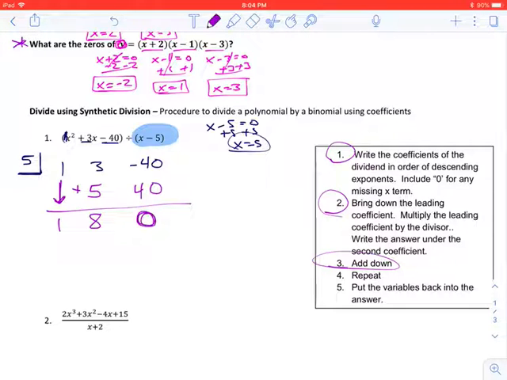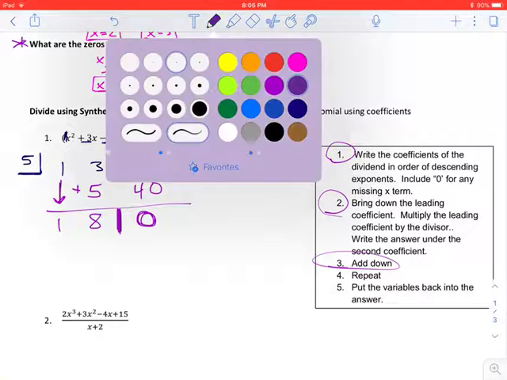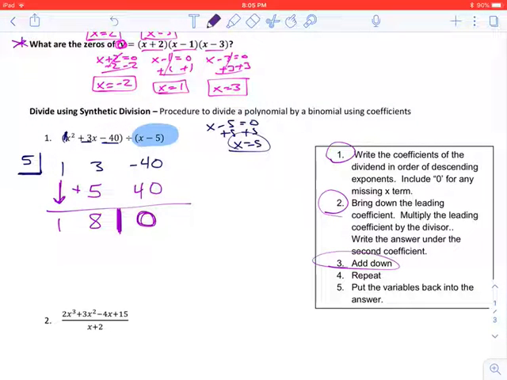Okay, so the very last term is what is called your remainder. You've divided before and you've had a remainder. That last number is your remainder. So in this case, it's a remainder of 0. It says to put the variables back into an answer. Well, if this is a remainder, it is not part of our answer because 0 doesn't matter. This is our constant, and then you just go up from there.